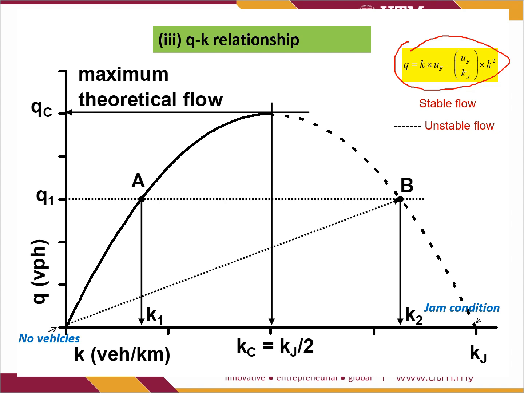So it's going to be the same. You're going to have the maximum capacity here. Then you can get the Kj. This Kj, sorry, the Kc, you can get the Kc, where the Kc is half of the Kj. And then Qc can also be obtained from here.